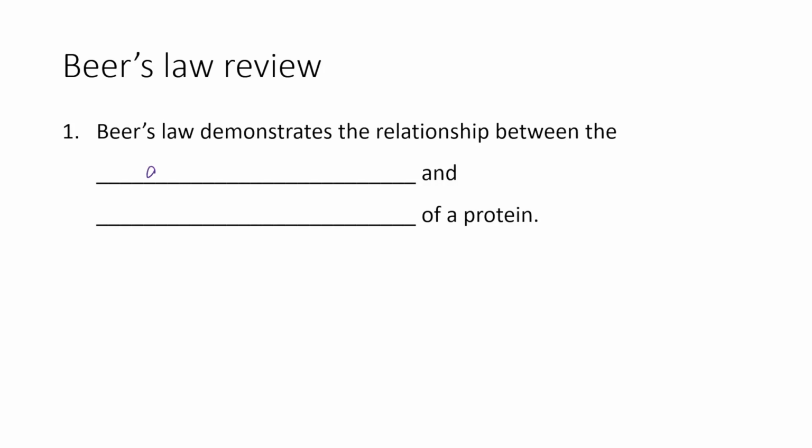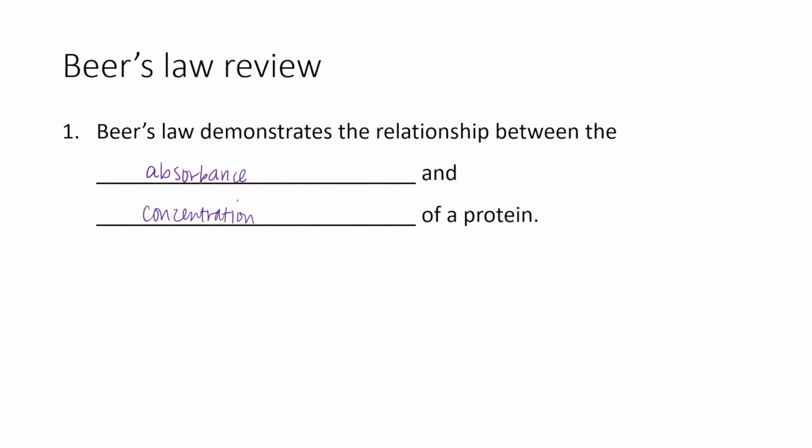The absorbance. So we take advantage of this relationship between absorbance and concentration because absorbance is something you can easily measure using UV-vis spectrophotometry. And if you can correspond the absorbance that you measure with the actual concentration of a protein, that's pretty handy. So that's why we have Beer's law.